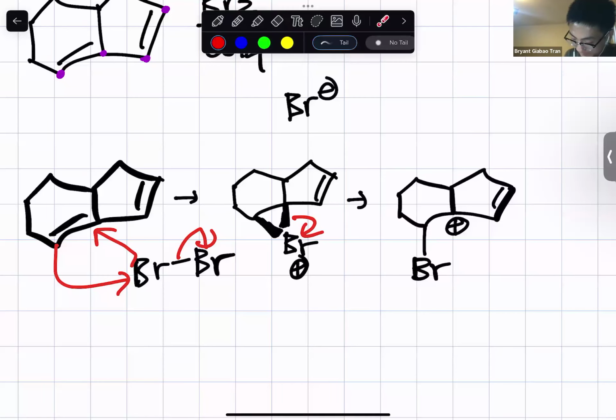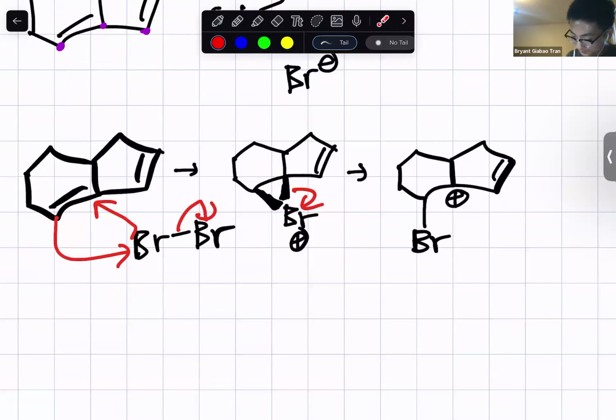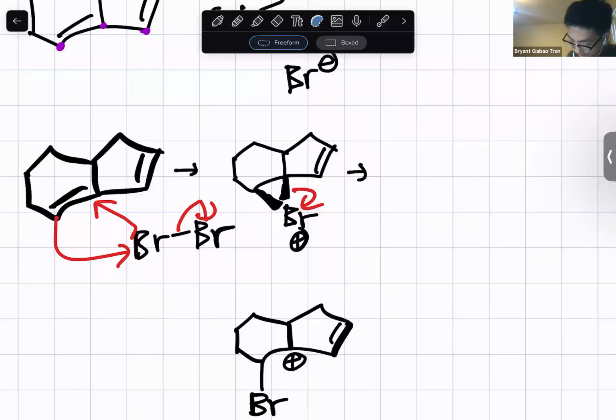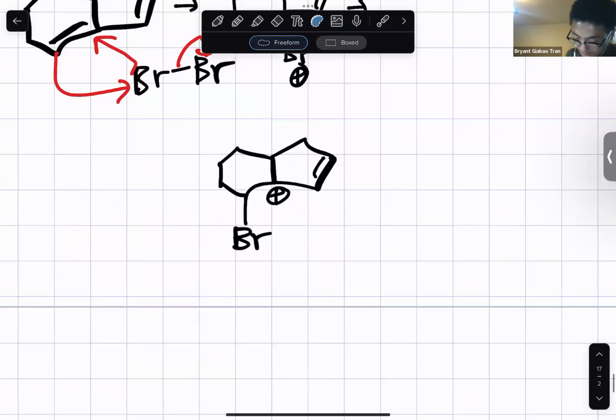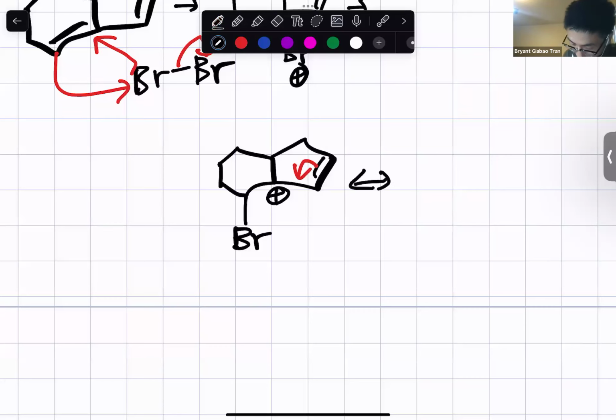I'm just going to ignore stereochemistry for this reaction because for predicting the product, once we have that carbocation right there, now everything is flat and planar. When the Br minus comes in and attacks, it could become wedge or dash now, right? So we know that this carbocation here can do resonance with that double bond, giving us this resonance structure here.